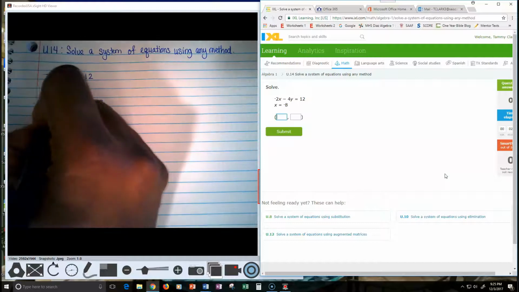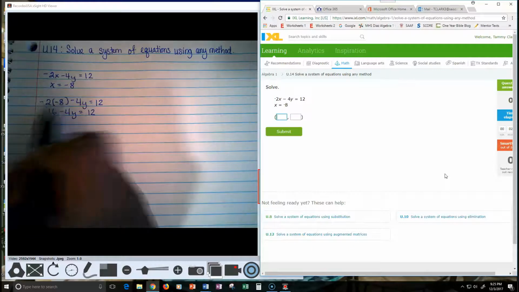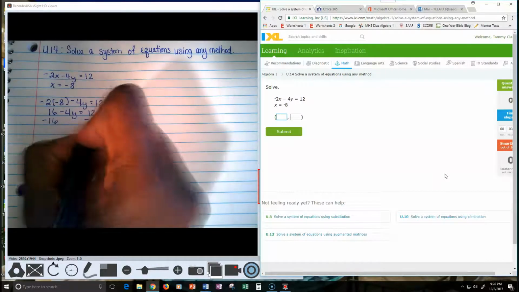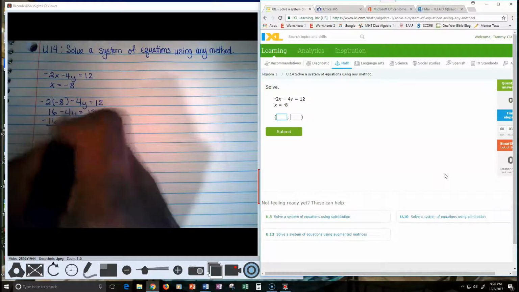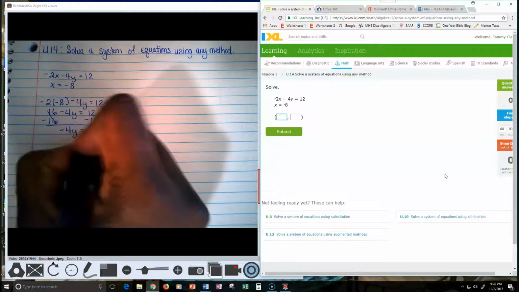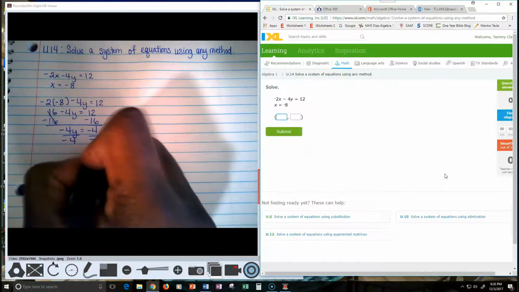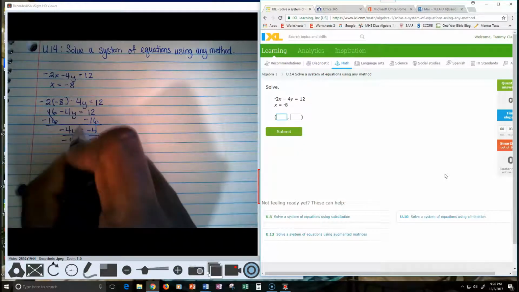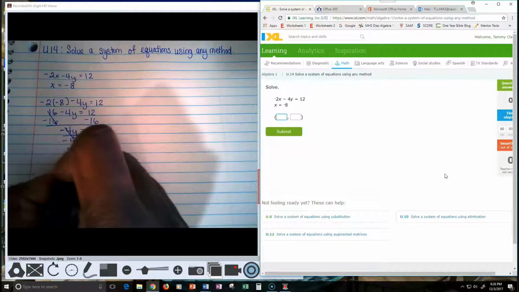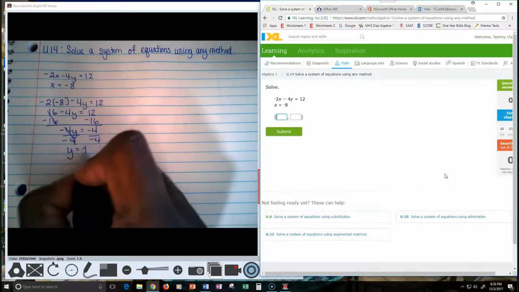So that's positive 16 minus 4y equals 12, because a negative times a negative is a positive. I'm going to subtract 16 from both sides of the equation because I want to try to get y alone. So I've got negative 4y is equal to negative 4. We're going to divide negative 4 on both sides of the equation. Negative 4 divided by negative 4 is positive 1y, and negative 4 divided by negative 4 is positive 1.